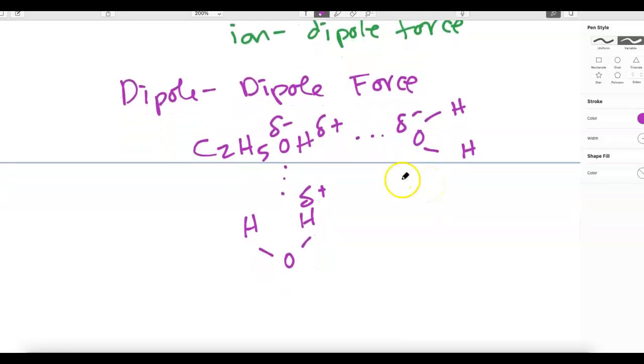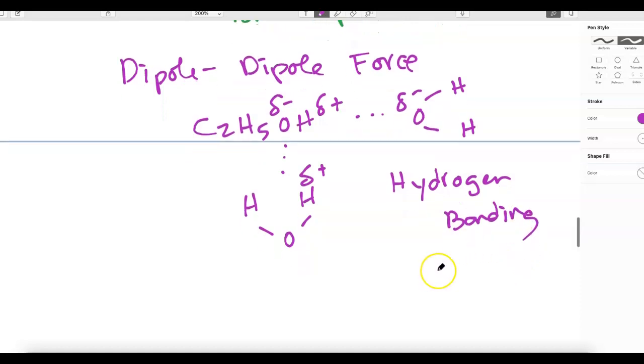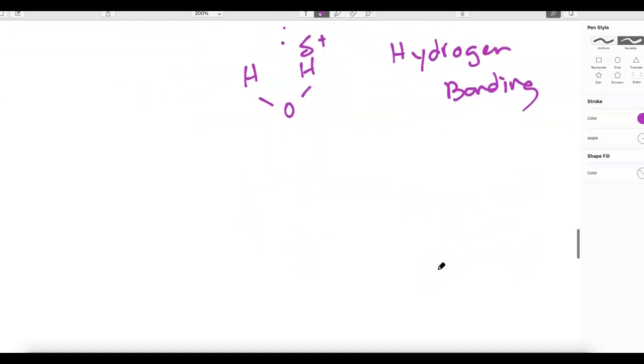I've also happened to illustrate hydrogen bonding, where both substances originally have hydrogen bonding, but then together they hydrogen bond.